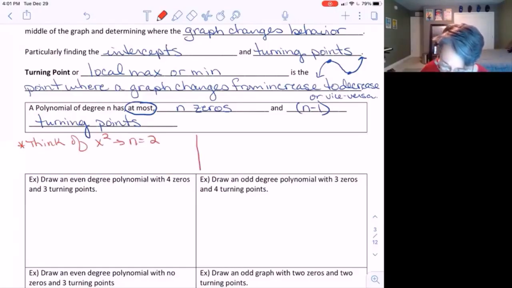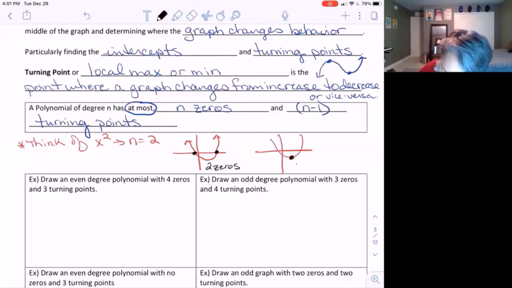So for any parabola, you will have at most 2 x-intercepts or zeros and 1 turning point. Now again, it means at most because that parabola could have no zeros. The whole parabola can be above the x-axis and never touch it. Okay, so it's at most n zeros and 1 less than that turning points.